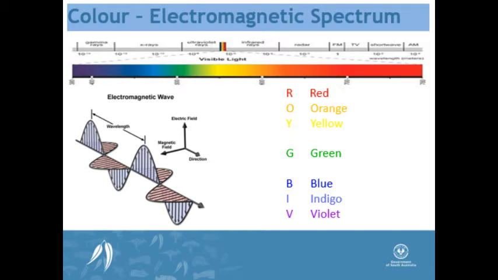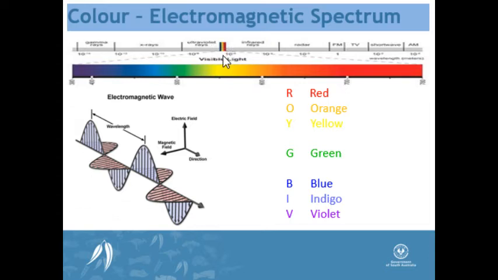Everything from gamma rays, which have really high energy and can go straight through us and down through the earth and keep going, through to X-rays, which are lower energy again, but can get through most of our body, bones a little bit harder, down to ultraviolet rays, which can get through our skin and damage the cells underneath. And then there's a particular part of the spectrum that we can actually see, a very small part.